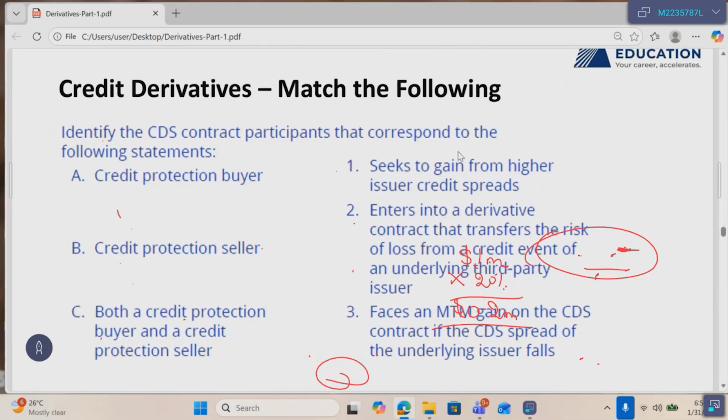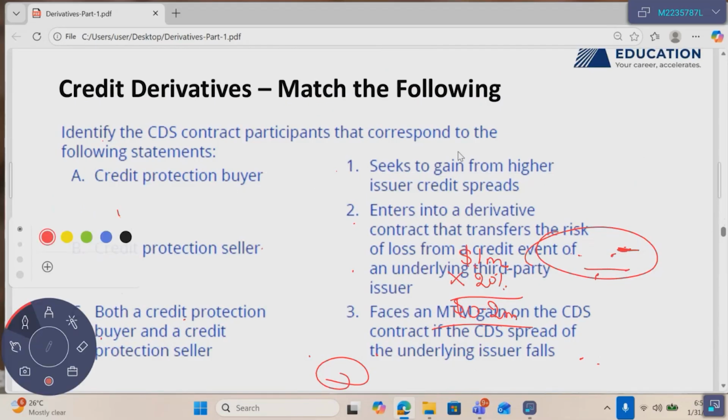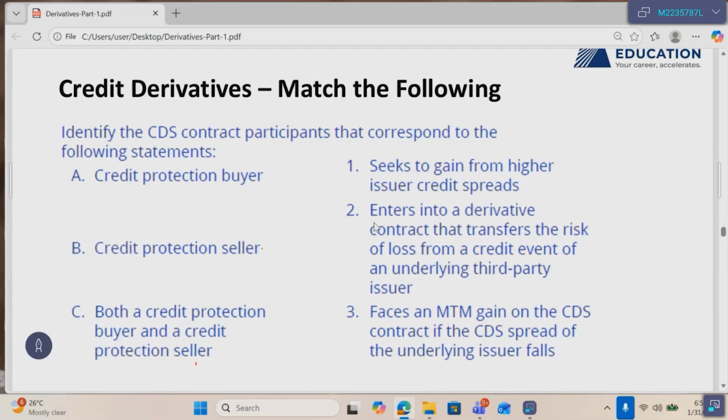Okay, come back to our famous master columns. Will one person tell me what's the answer here? Who will buy protection? The one who transfers the risk of loss to another party. So the buyer is entering a contract to transfer the risk. He's saying, boss, you take the risk. The seller is receiving the premium, correct?